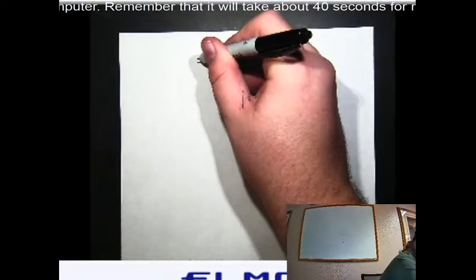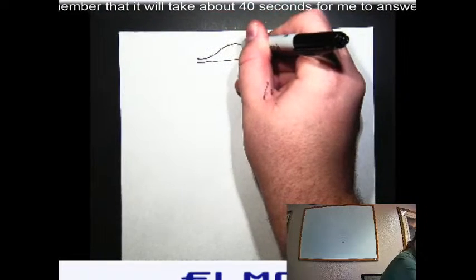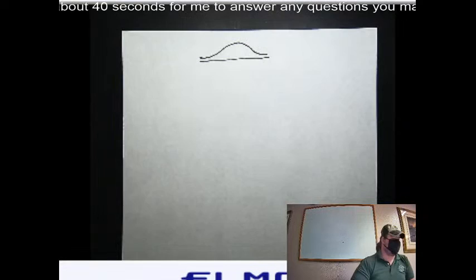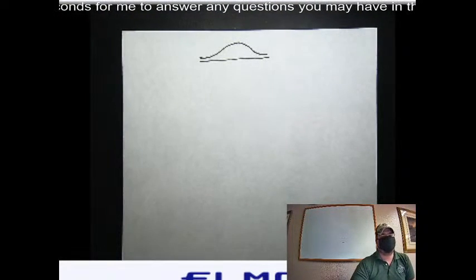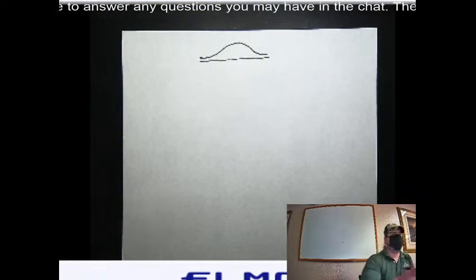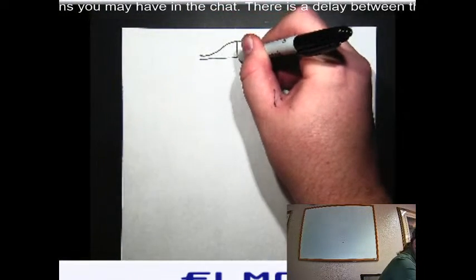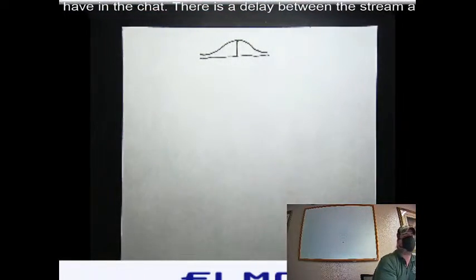Again, what I mean by normally distributed is that the frequency would be a gentle curve like that. And the middle would represent the mean, median, and mode.